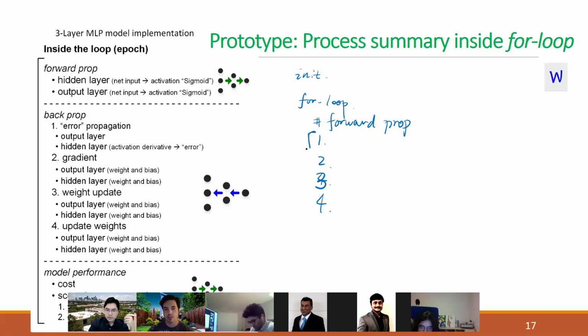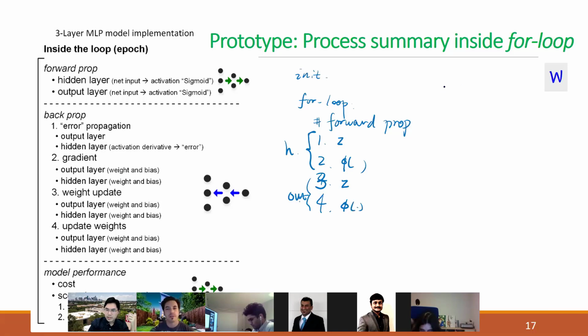The first 2 steps are about the hidden layer. The second 2 steps are about the output layer. Right? So for each, it's always net input first and then do the activation.